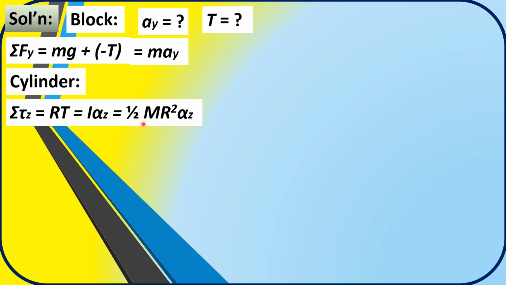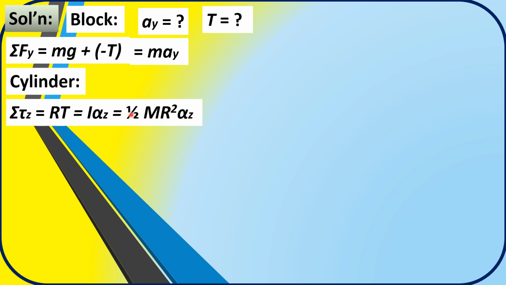And since the formula for the moment of inertia of a solid cylinder is 1/2 times the mass and the square of the radius, this moment of inertia is defined about the axis, the horizontal axis at the very center, or shall we say the center of mass of the solid cylinder.